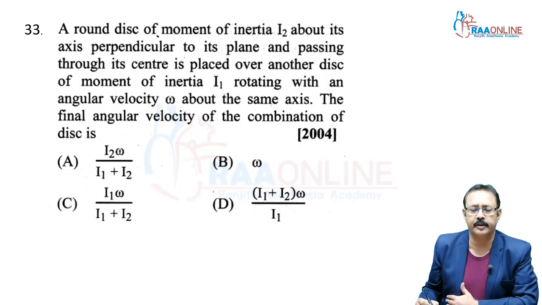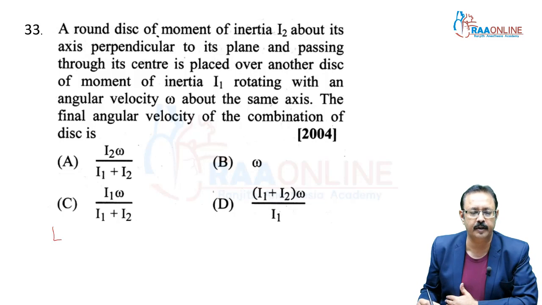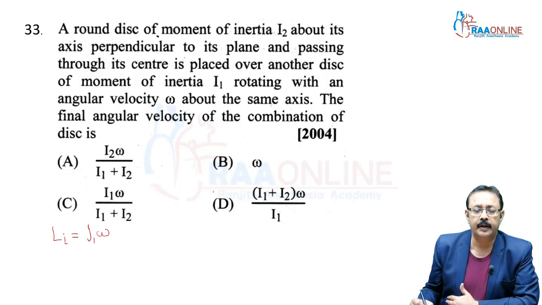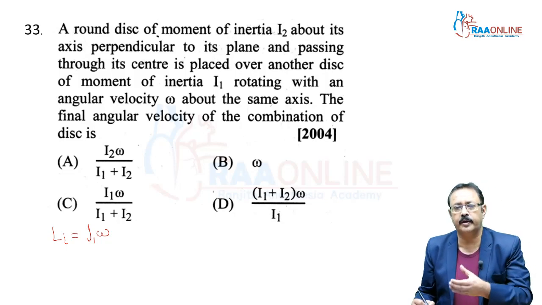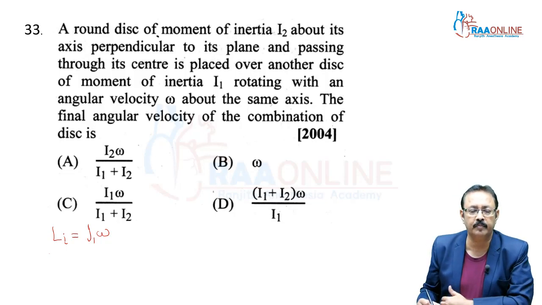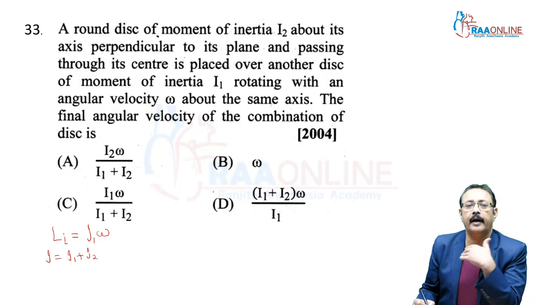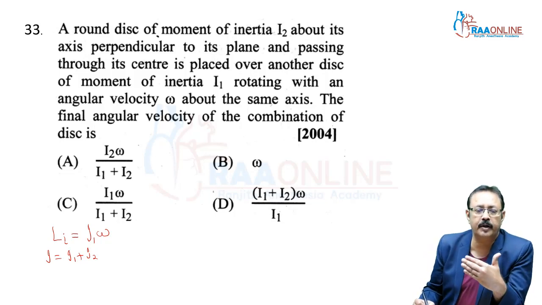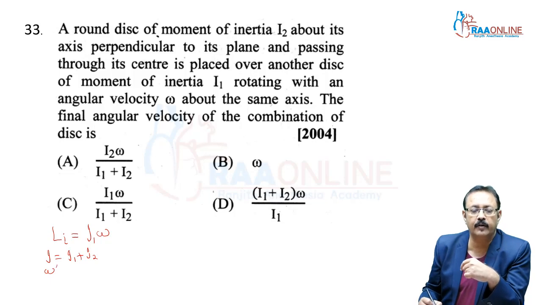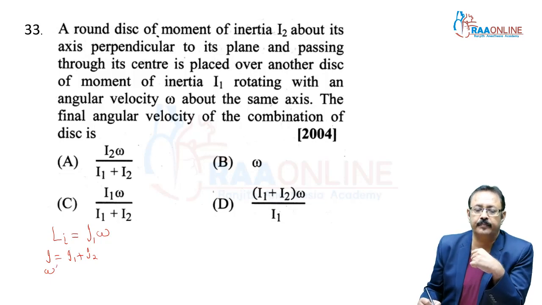Initial angular velocity was omega, so initial angular momentum was I1 omega. But now you put one more disk, so now the total moment of inertia is I1 plus I2. Since without applying any torque we are changing the moment of inertia, omega should change. Let the new angular velocity be omega dash.